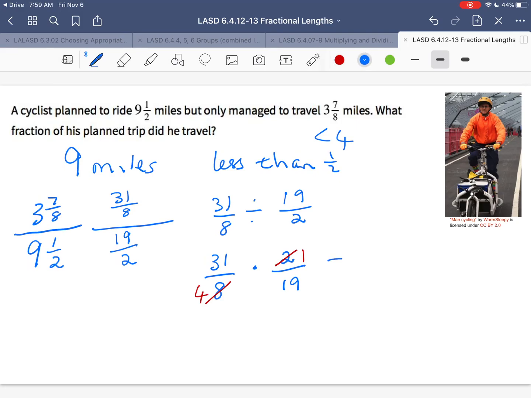And now I can multiply easier numbers. 31 times 1 is 31, and 4 times 19 is 76. And I did that by saying 4 times 20 is 80, and minus 4, because 19 is 1 less than 20. 4 times 1 is 4, 76. So 31 over 76 is the fraction of his planned trip that he travelled.